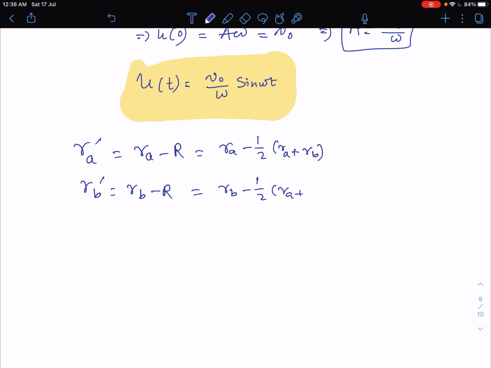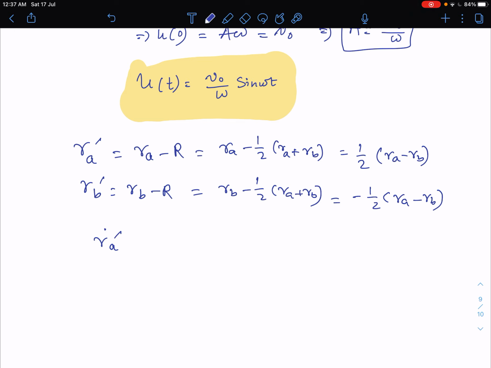So then Ra prime is just half of Ra minus Rb, and Rb prime is just minus half of Ra minus Rb, right?